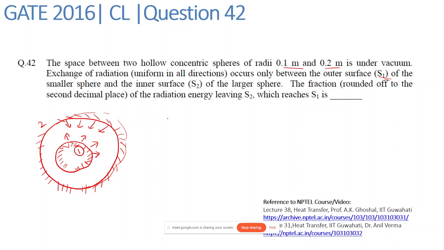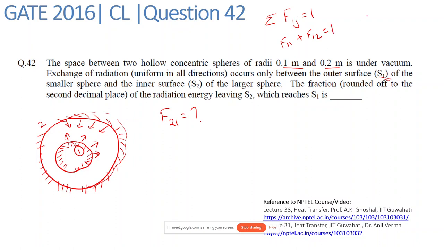We have been asked the fraction of radiation energy leaving S2 which reaches S1. So we have to find F21, which we defined as the radiation energy leaving S2 and reaching S1. Now there are two rules for view factor correlations. The additivity rule says the summation of Fij is equal to 1, that is, for this question F11 plus F12 is equal to 1.